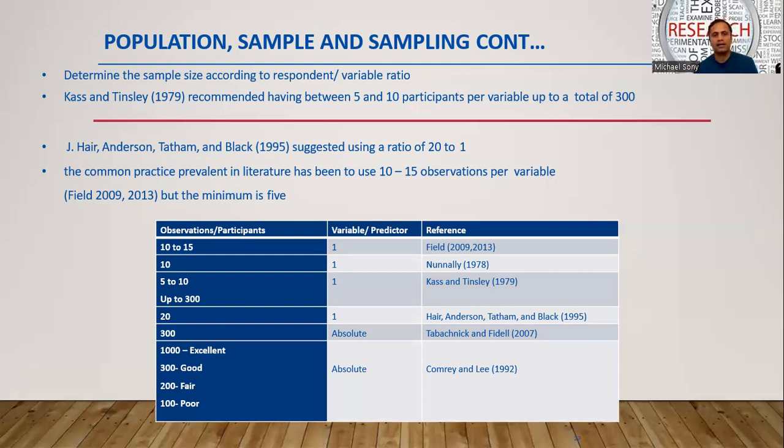Similarly, other authors have also given a preference of minimum 5 to maximum 20. However, the best possible advice is that if a sample size is above 300, then Tabachnick and Fidell say that most of the statistical tests, whether it's regression or structural equation modeling, can be carried out.